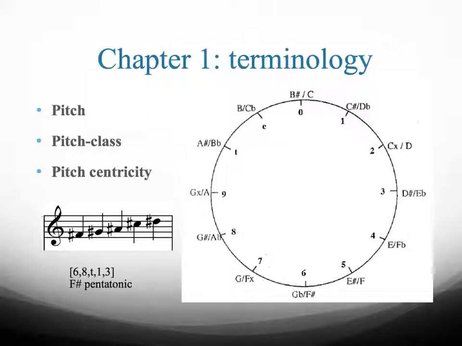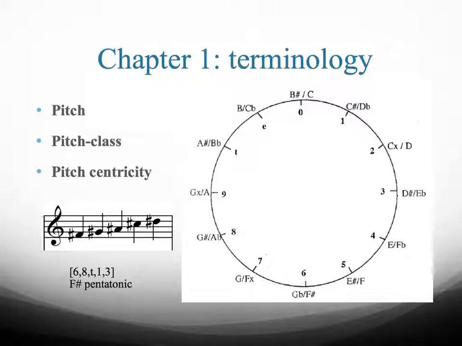As shown in the circular diagram to the left, we use integers 0, 1, 2, 3, 4, 5, 6, 7, 8, 9, little t for 10 and little e for 11, and back to 0, whereby G flat and F sharp refer to pitch class 6, which cuts the octave in half, D sharp and E flat to pitch class 3, and G double sharp or A to pitch class 9, and so forth.